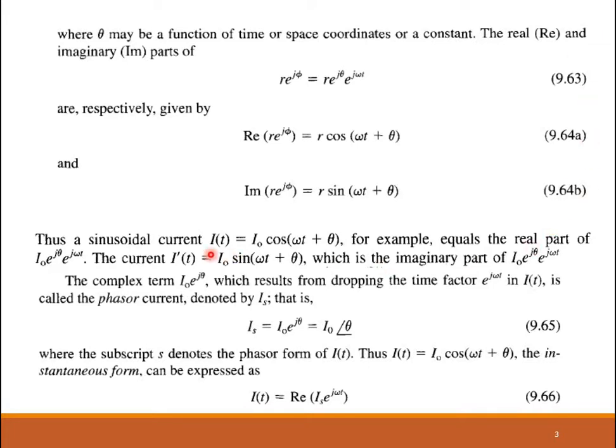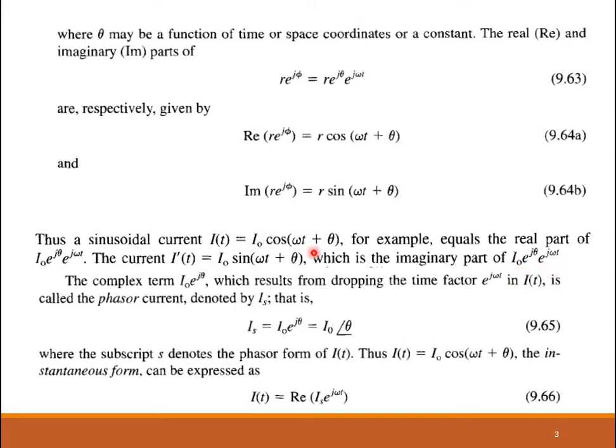Based on these equations, if I of t is I0 cos(omega t plus theta), that I of t corresponds to the real part of I0 e raised to j theta e raised to j omega t. Similarly, supposing I have another current I dash t, which is represented as I0 sine(omega t plus theta), that will correspond to the imaginary part of I0 e raised to j theta e raised to j omega t.